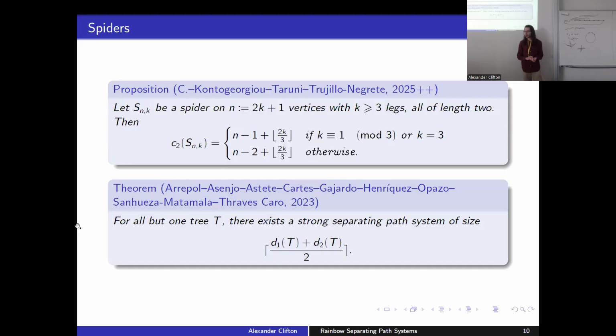But in this case, weak is actually going to be better than what we were seeing before, because there's this result here that says if you have a tree, with the exception of one tree that is not this, so it's fine, if you add up the total number of degree 1 and degree 2 vertices, then half of that is going to serve as an upper bound for strong, and of course as an upper bound for weak.